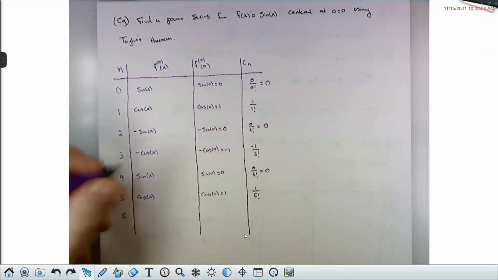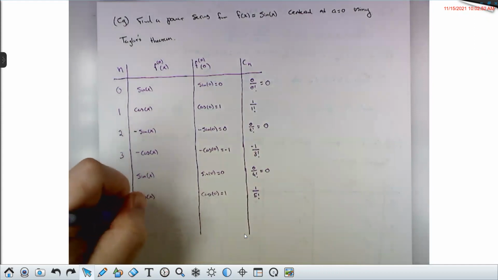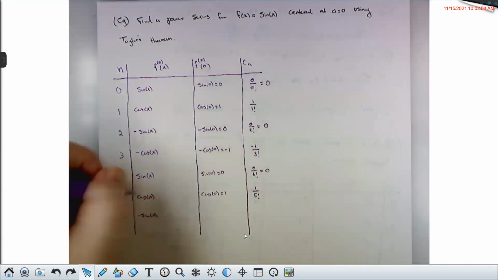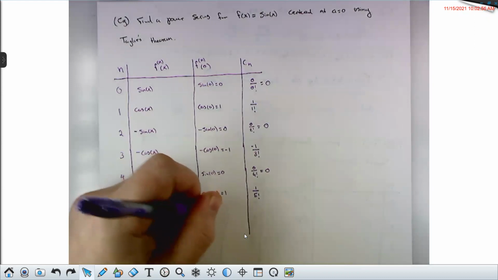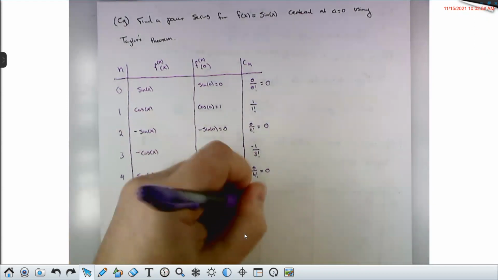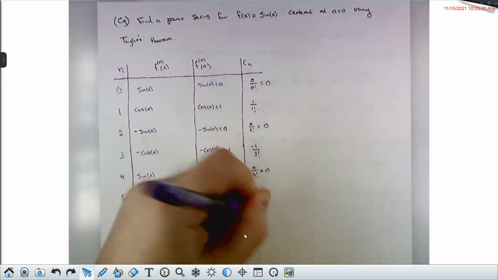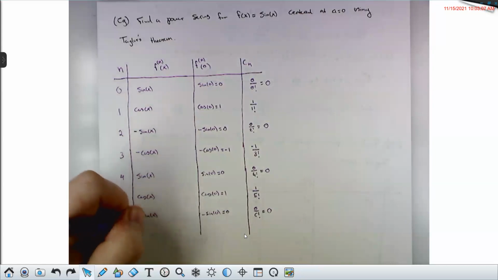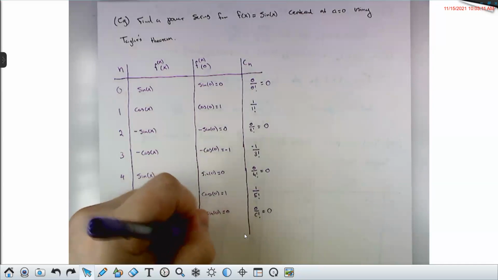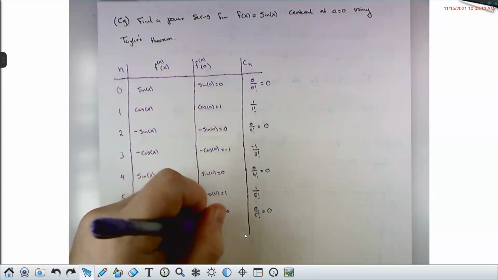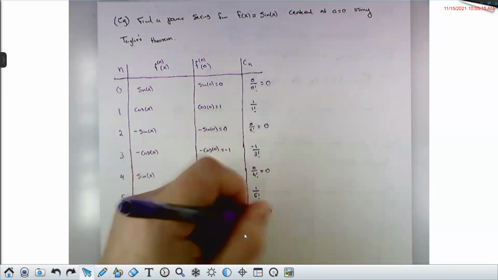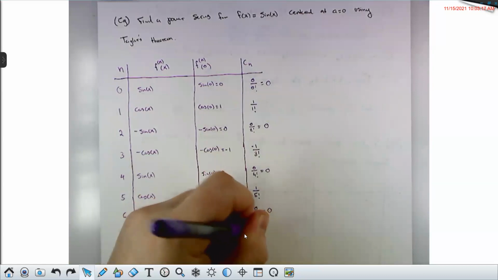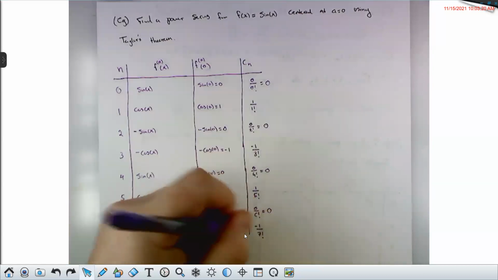When n is 6, the derivative of cos x is negative sine x, which when evaluated at 0 gives 0. So this would be 0 over 6 factorial, which is 0. And when n is 7, the seventh derivative of sine is negative cos x, which evaluated at 0 is -1. So C7 would be -1 over 7 factorial.